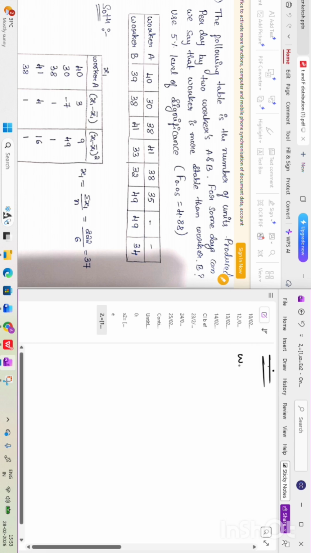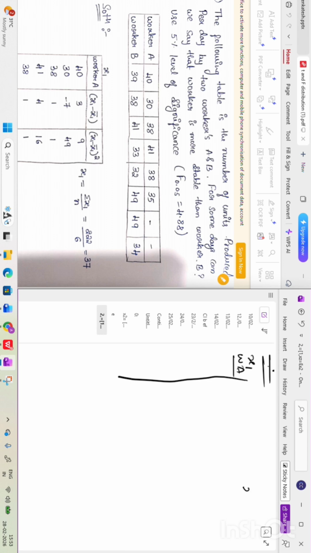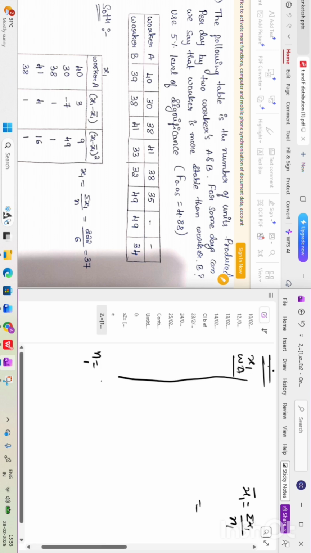I am considering worker A, which I call x1. Before finding the columns, I should find the mean of worker A: x1 bar is summation x1 divided by n1. We already found n1 as 6.